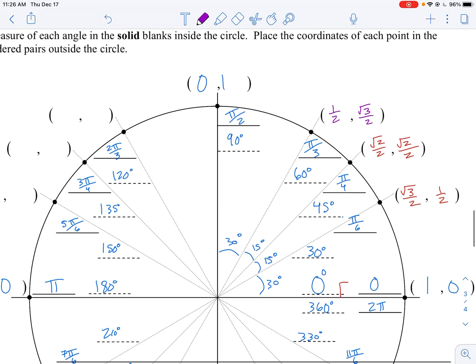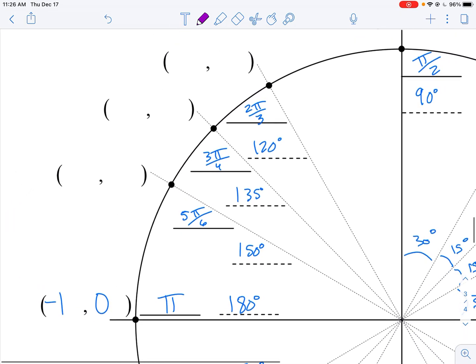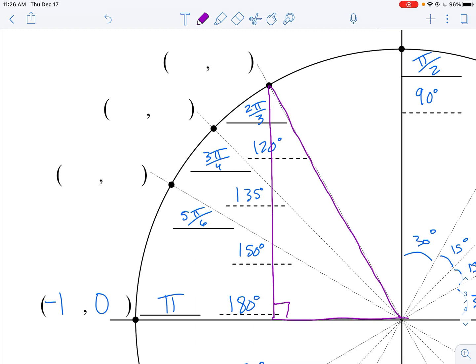Well, that's the first quadrant, the top right quadrant there. So if I compare that to my left side, I can write out another right triangle. You just connect this here, get a right angle, and there's my hypotenuse. Well, this is 60 degrees again, and that means this side over here is 1/2, and this side over here is square root of 3 over 2, and this side's 1.